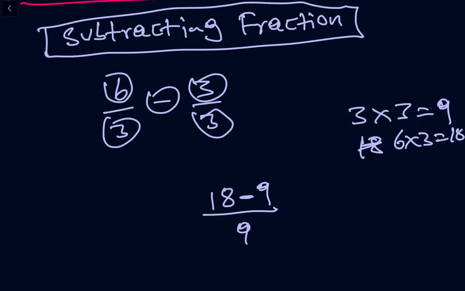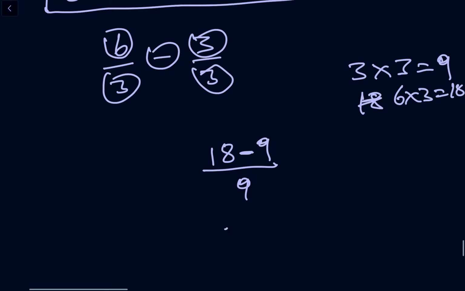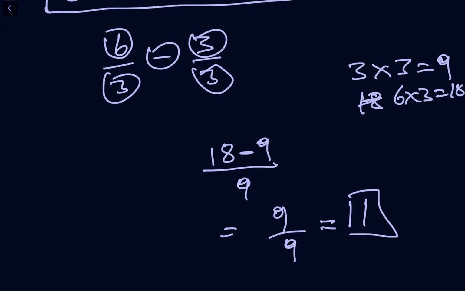When you subtract 18 minus 9, you end up getting 9. So 9 divided by 9 is 1. So this is your answer, 1.